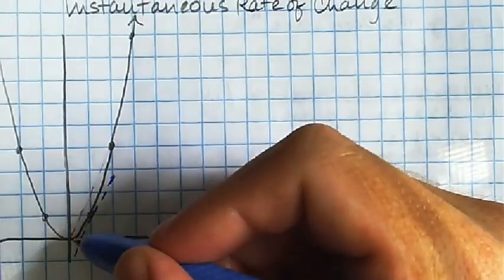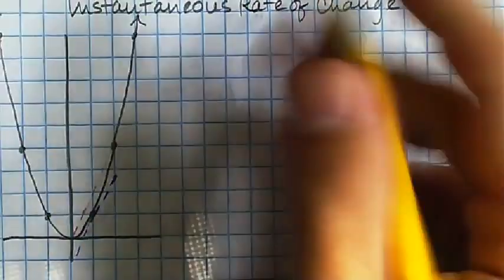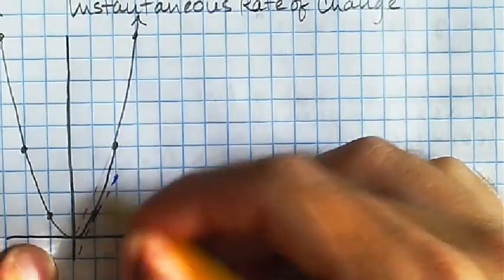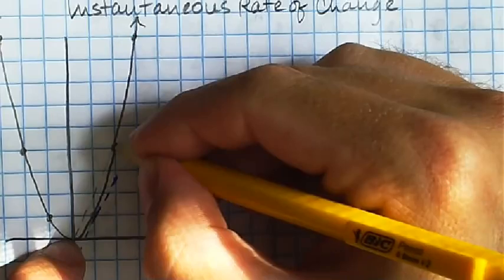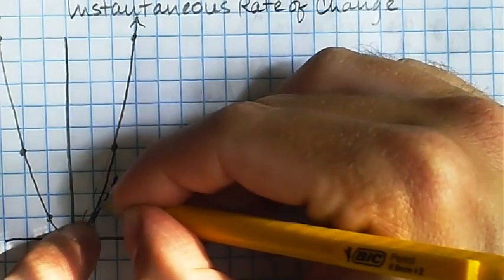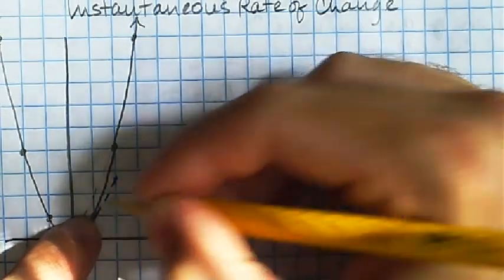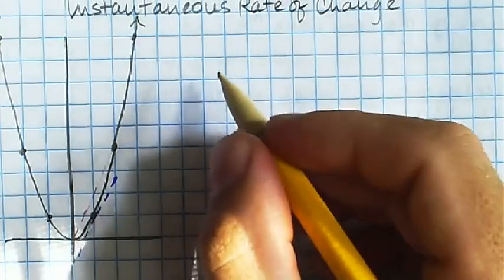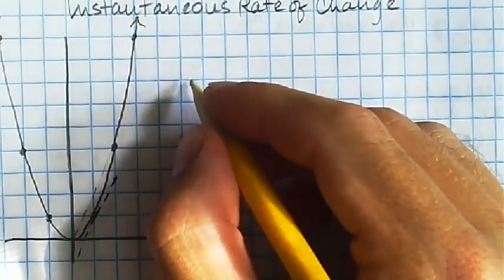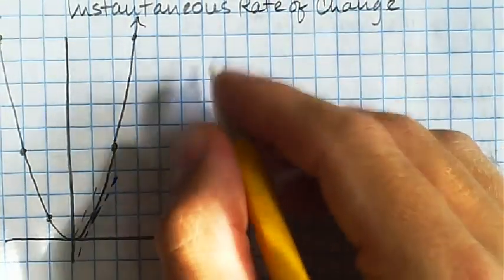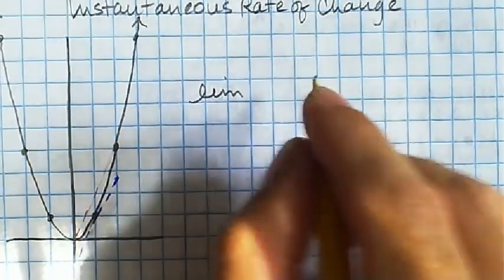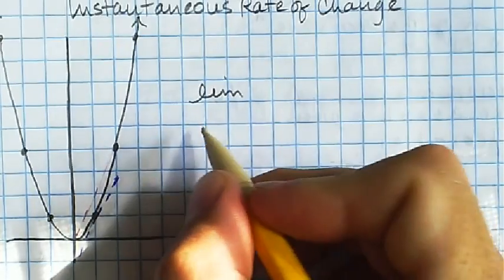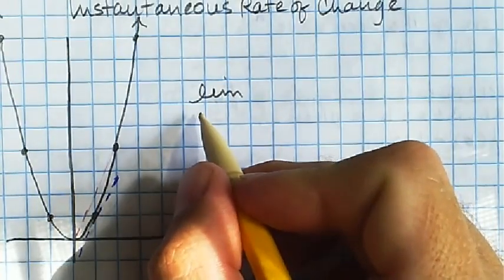Okay, so what we need to do is we're going to need to consider the limit of the slope of the secant line as these points get closer and closer to the point of tangency, the point that we're interested in. So what I'm going to do is define the instantaneous rate of change to be the limit as B and A go towards each other.